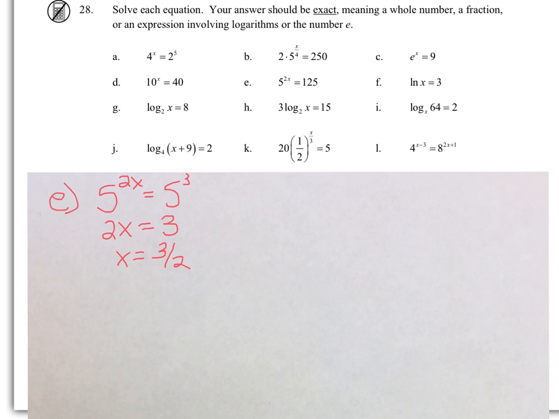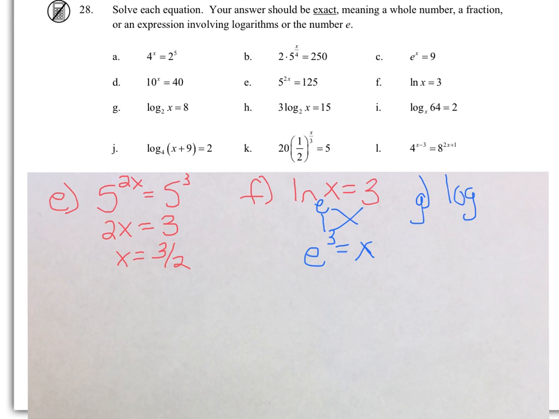For F, now that we start with a logarithm, the ln, we can change it to exponential form. So e to the third is x. We're going to do the same thing with G. Two to the eighth is x.